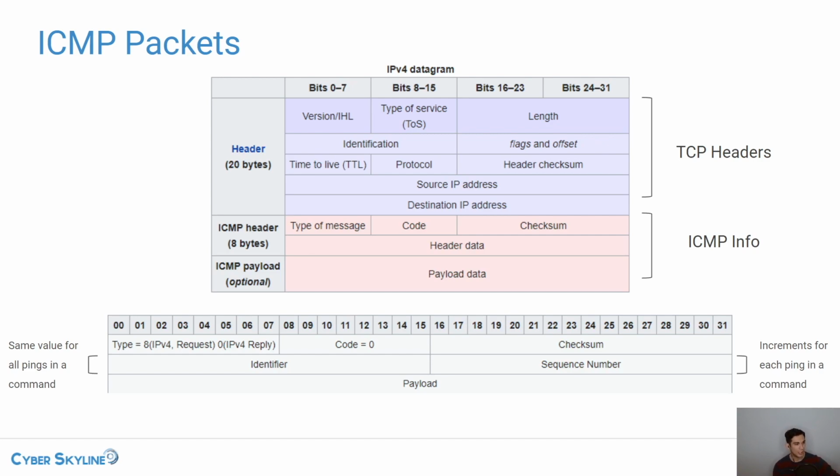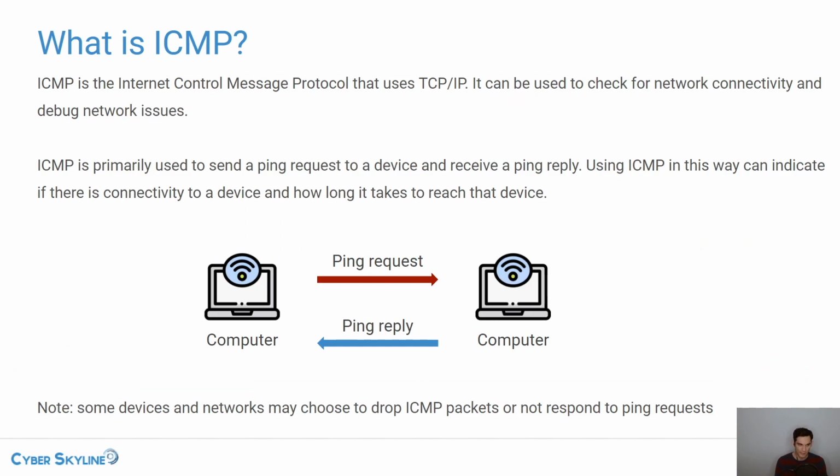And then following the checksum, we have this header data. The header data is split into two components. There is the identifier and the sequence number. The identifier is going to be a unique value that is the same for all of the pings sent in a single command. And so when you run the ping program, your computer will send multiple requests and it will expect multiple replies.